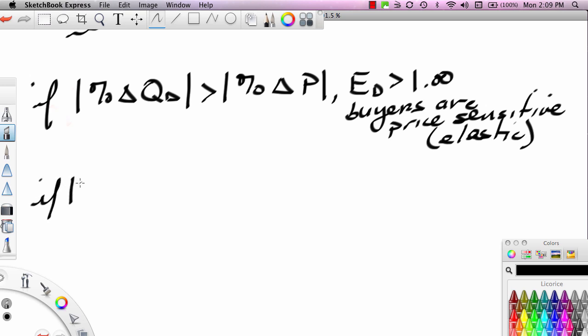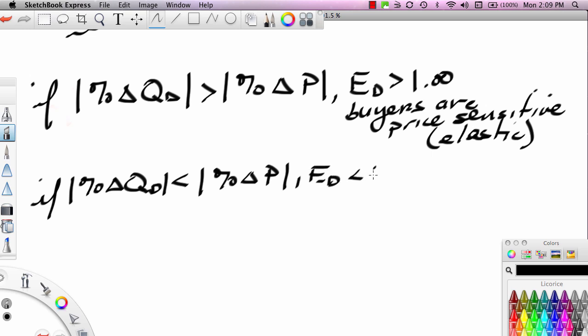If the percentage change in the quantity demanded, say 10%, is less than the percentage change in price, say 25%, then what's true? ED is less than 1. So if the numerator, 10%, is less than the denominator, 25%, then the ED has to be less than 1, 0.4.